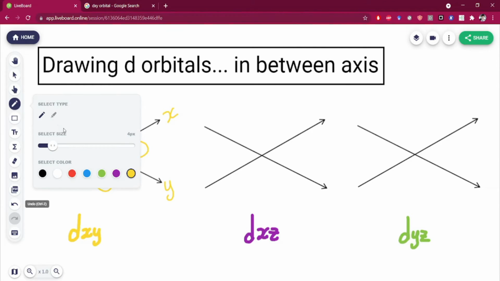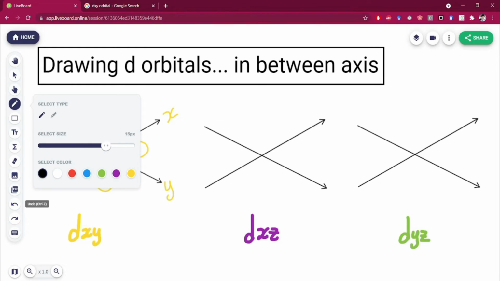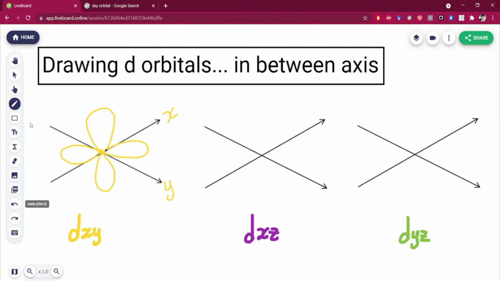And then you can start to put the z-axis slightly. This is a bit tricky here, guys. First you can see that this is in between the x and y axis.